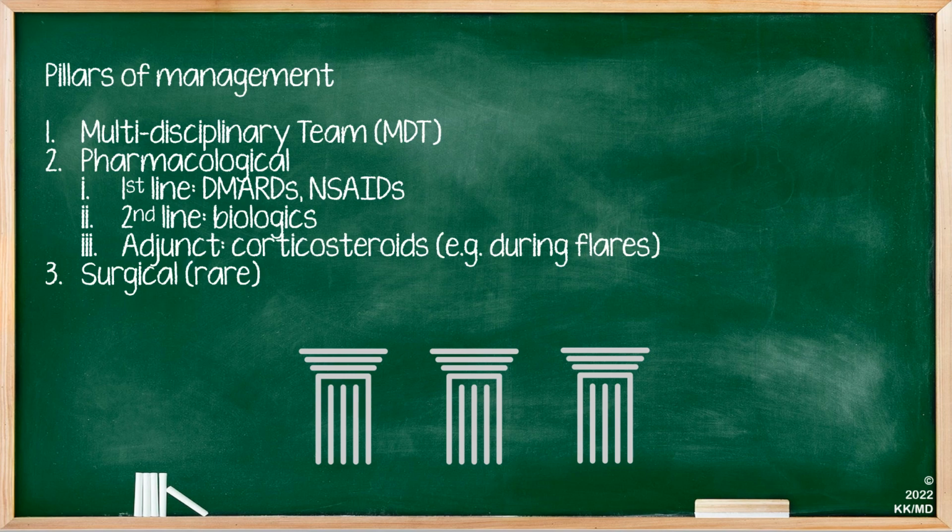These can be supplemented with the use of corticosteroids, which are often used when a patient first presents and if they're flaring, and indeed further down the line as well if they have flares in their disease. Surgical approach as well is sometimes needed, for example in severe joint damage or for joint replacement.